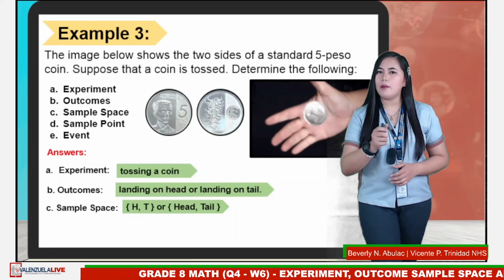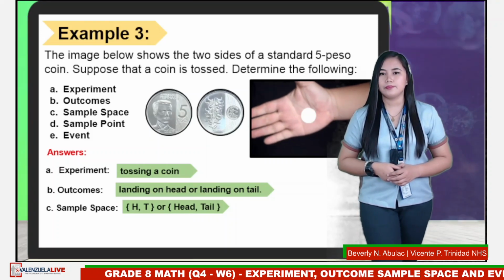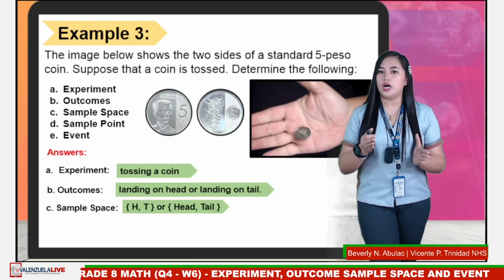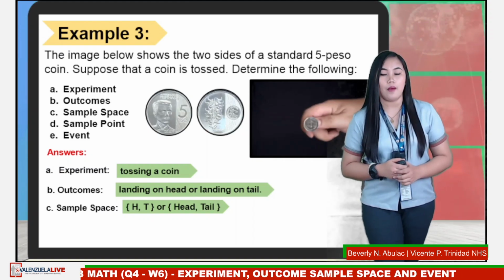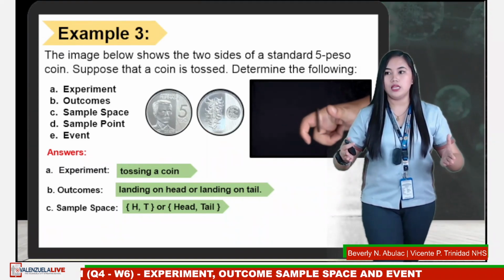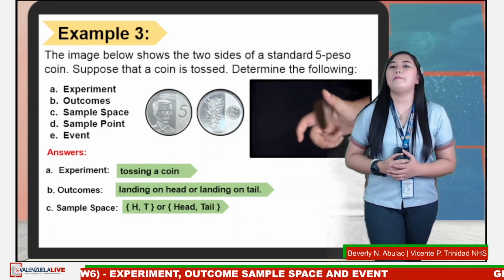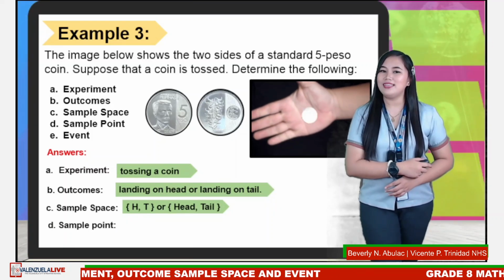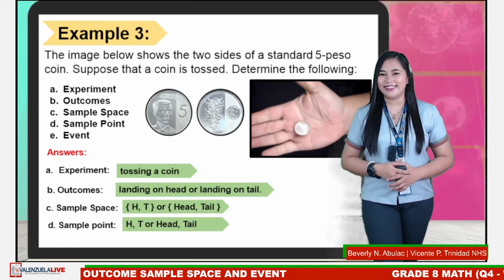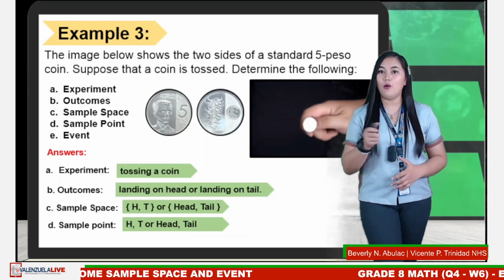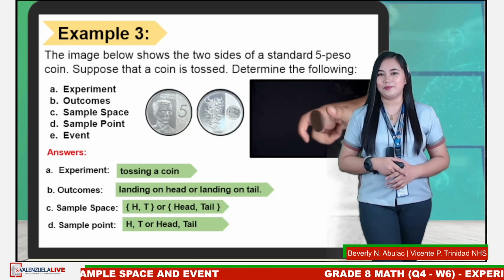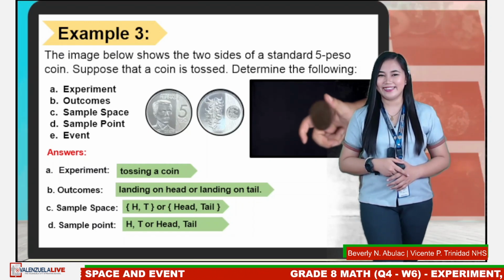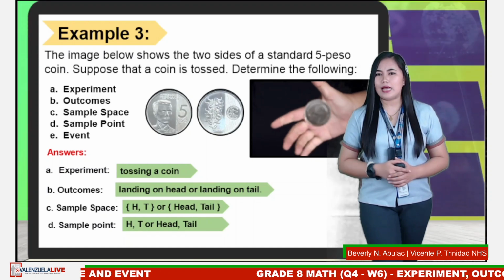What is now the sample point? By definition, it is an individual outcome in the sample space. So it is one of the possible outcomes. Therefore, the sample point is H or T, head or tail. Now, what could be the possible event?